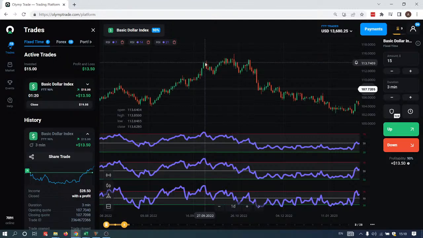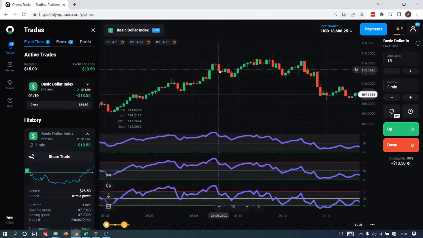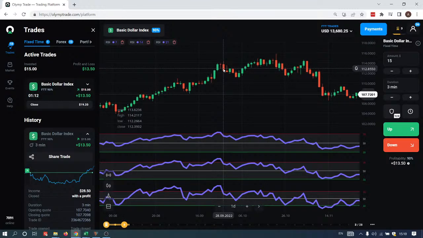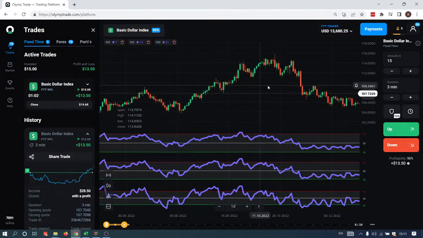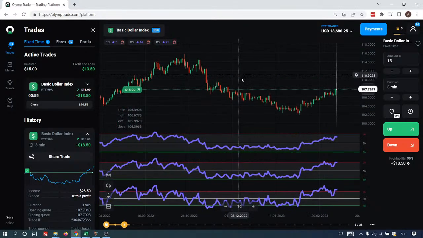In this instance on the daily time frame, one candlestick equals 1 day of history of the chart. Basically that was a signal for a down trade here, and probably there could have been a signal down here, and then we have this beautiful head and shoulders pattern.